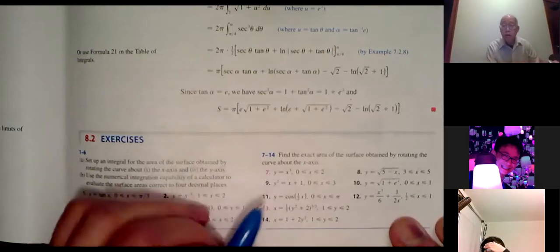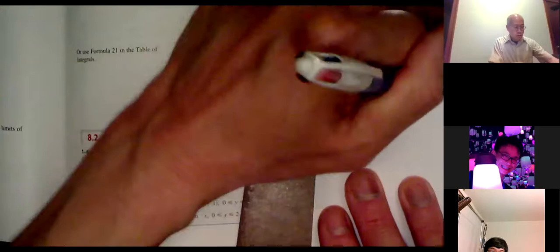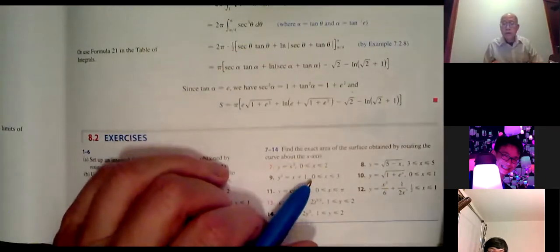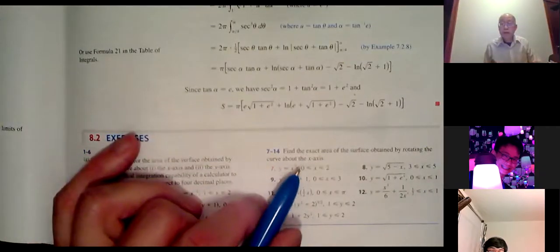So y squared equals x plus 1 between 0 and 3. And we're spinning it about the x-axis. Okay. I think I got it.